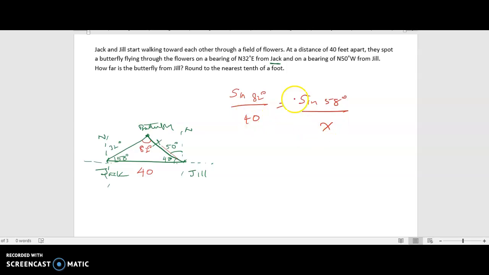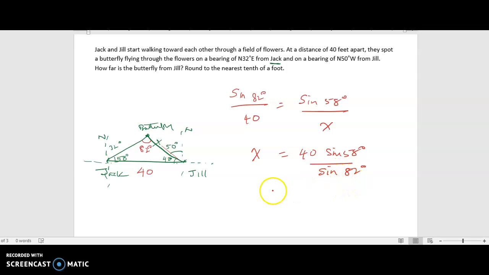I want you to figure out the solving part. You can pause and play, work it out and come back. You will see that x would be 40 sine 58 over sine 82.